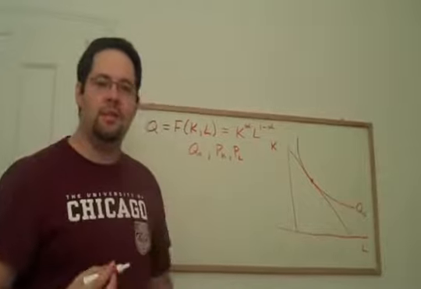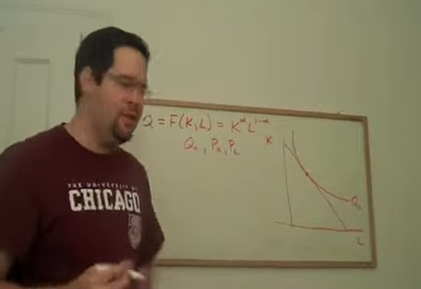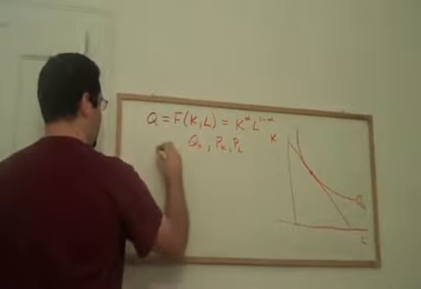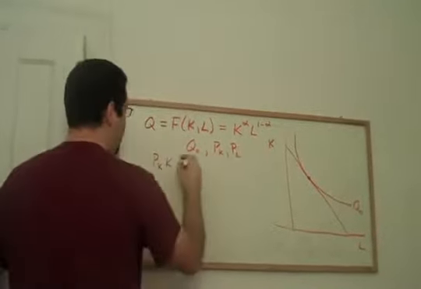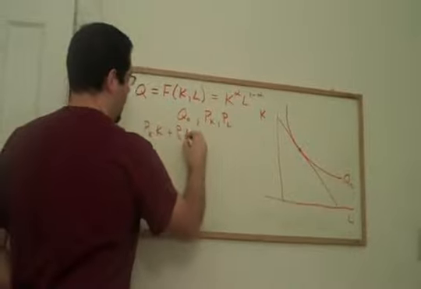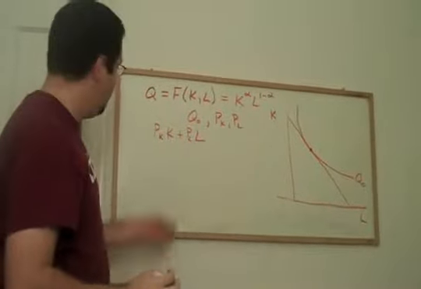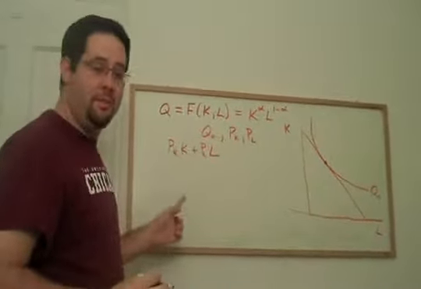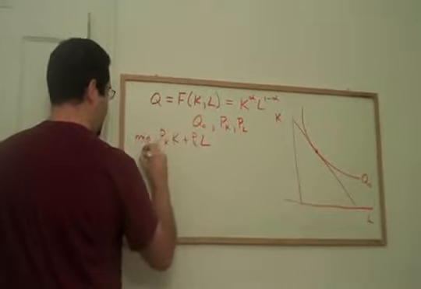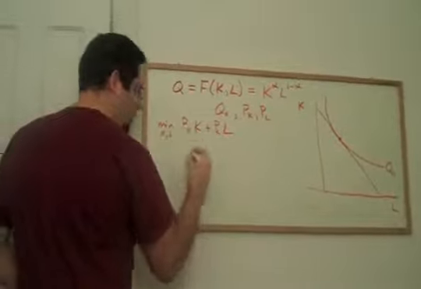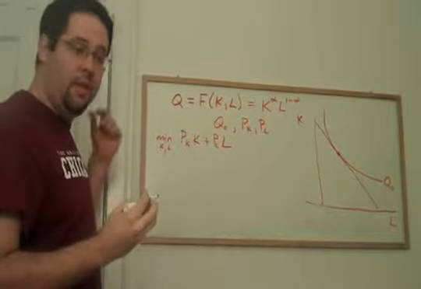So let's write out an expression for expenditures. It's just price of capital times capital. That's how much you spend on capital. Price of labor times labor. That is your total expenditures. This is what we're going to try to minimize. And this firm can control how much capital and how much labor they actually use.